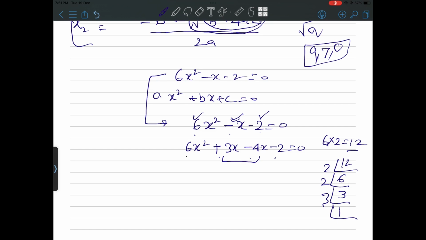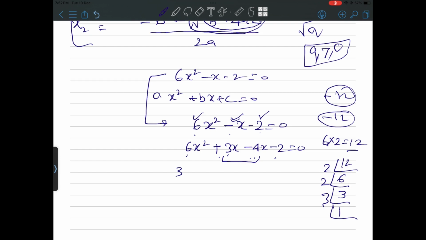And if you multiply 6 into minus 2, you get minus 12, right? And similarly, multiplying 3 and minus 4, you get minus 12. So this is how we do the factorization of this term.